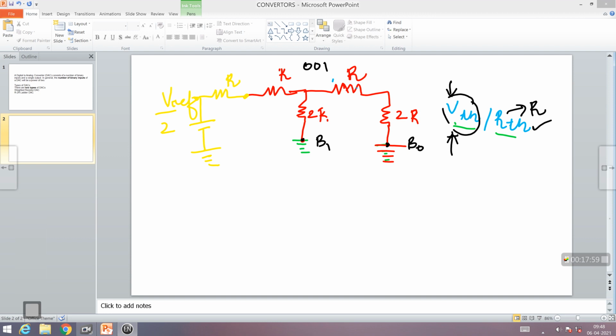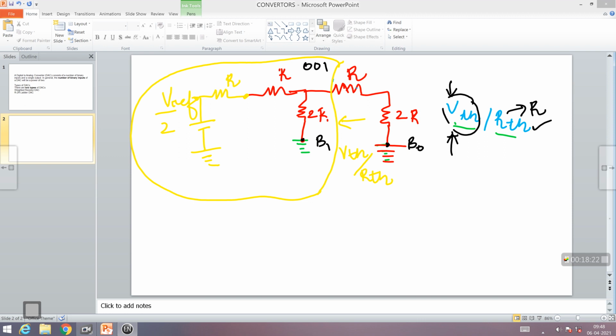Now the next network that you have to find out is, you come over here, starting with the yellow line. At this point, you have to again find out what is VTH and what is RTH. So you have to Thevenize now this portion of my circuit that I encircled in yellow.